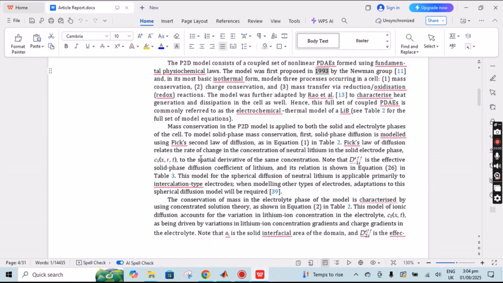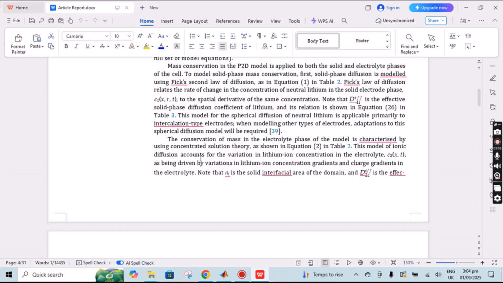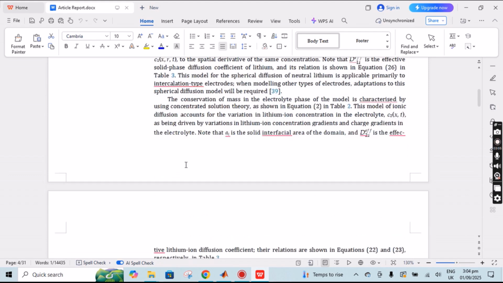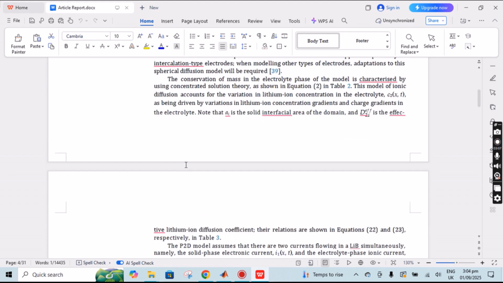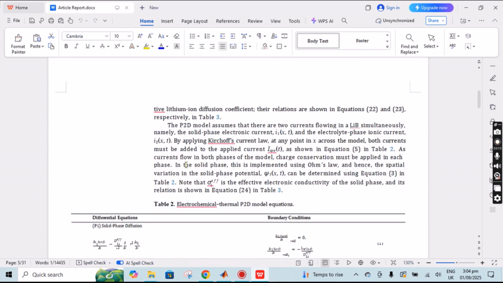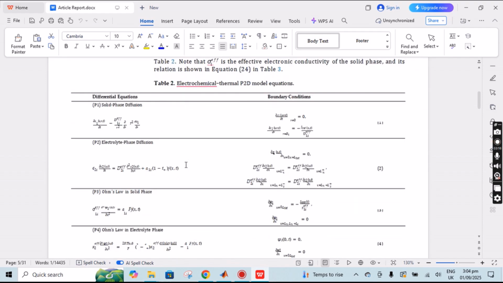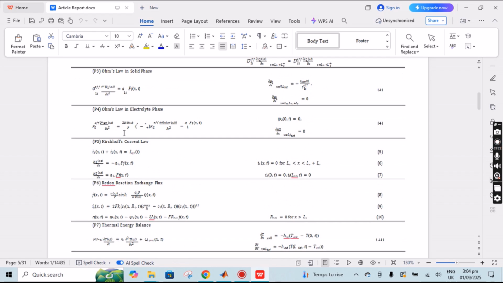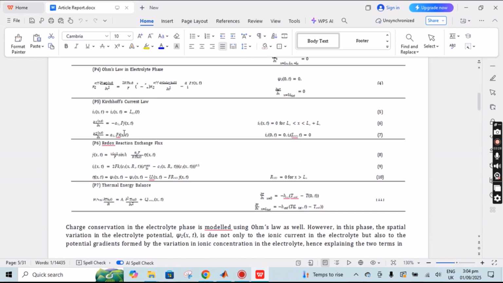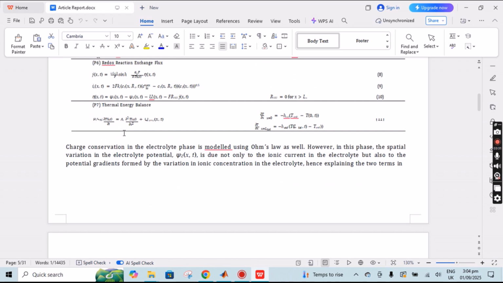So the mass conservation of the electrolyte phase of the model is characterized by using the concentrated solution theory. I have added Table 2, which provides the complete differential equations and boundary conditions of Ohm's law, the electrolyte phase, Kirchhoff's current law, Kirchhoff's voltage law, thermal energy balance, redox reaction, and exchange flux as well.